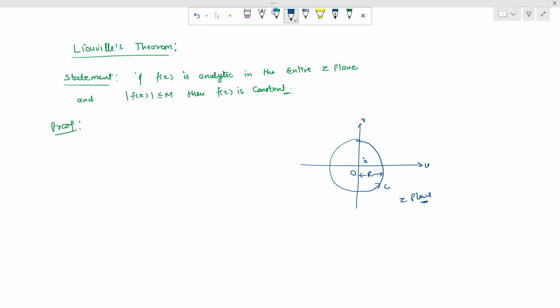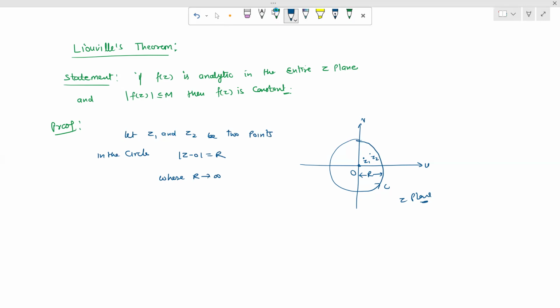We shall consider two points z1 and z2 which lie inside the circle C, whose center is the origin. So let z1 and z2 be two points in the circle mod of z minus 0 is equal to r, where r tends to infinity. Okay, radius tends to infinity.